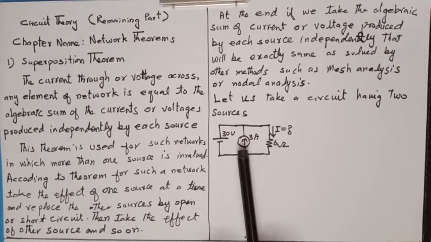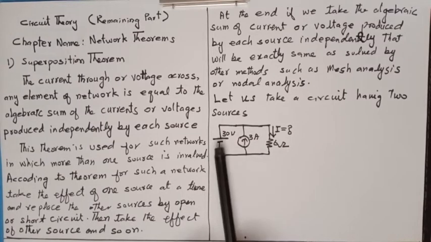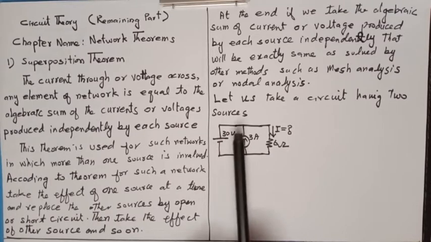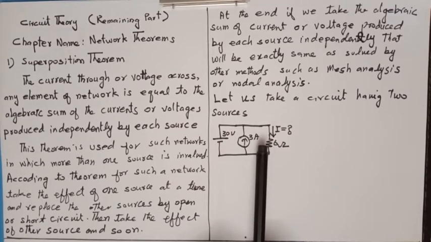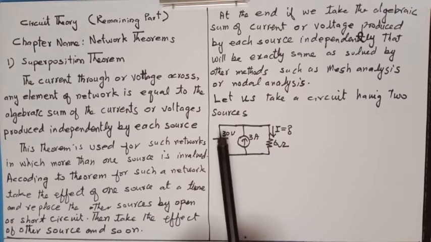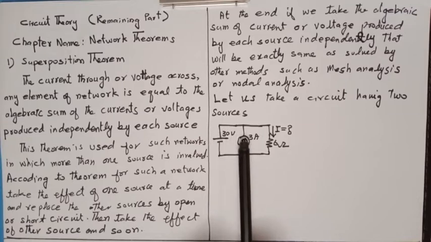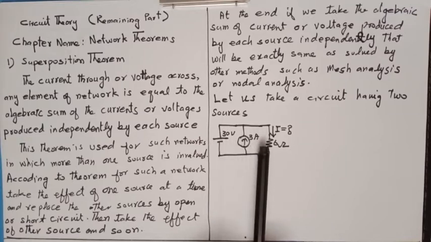For example, here is a current source, you take the effect of the voltage source and solve the circuit. Then the next time, you neglect the first source, which is the voltage source over here, and take the effect of the current source and then solve the circuit.